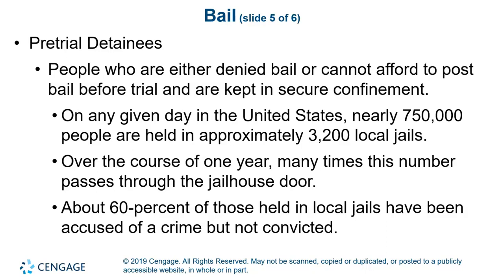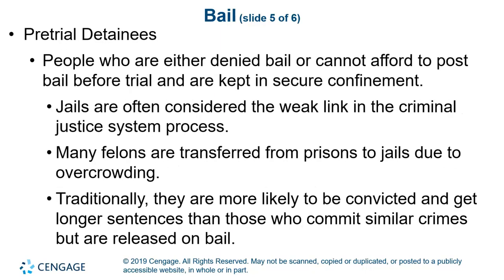So that's pretrial detention. And we talked about the fact that jails are considered the weak link in the criminal justice process. Many felons are transferred from prisons to jails due to overcrowding.